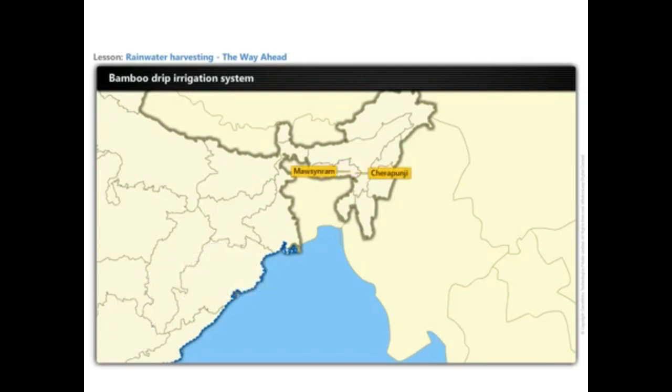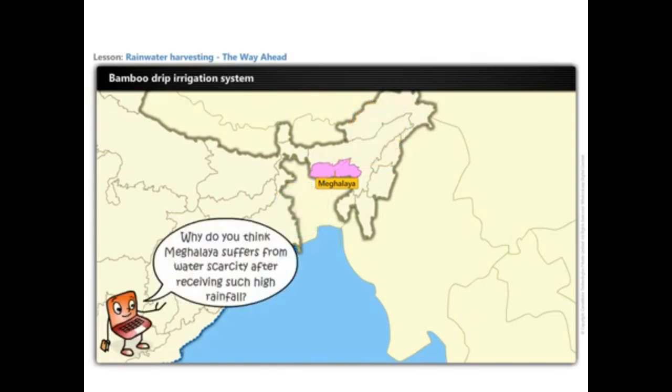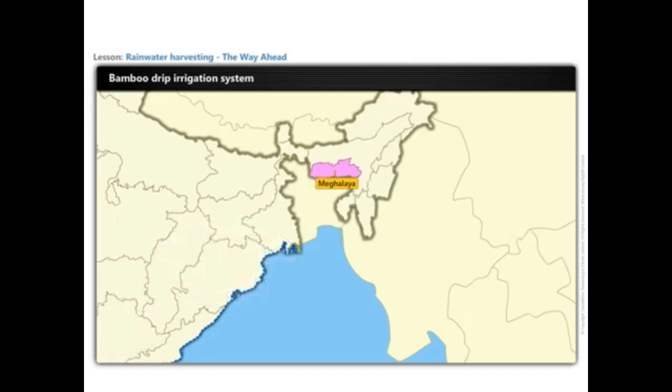Recall why this area is important. Cherrapunji and Mawsynram received the highest rainfall in the world. But surprisingly, Shillong, the capital city of Meghalaya, situated just 55 kilometers away from these two places, suffers from acute water shortage. Why do you think Meghalaya suffers from water scarcity after receiving such high rainfall?